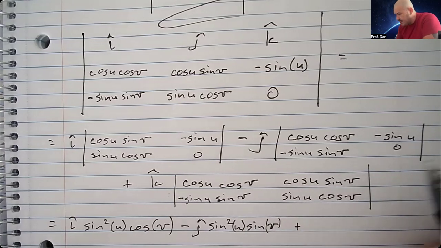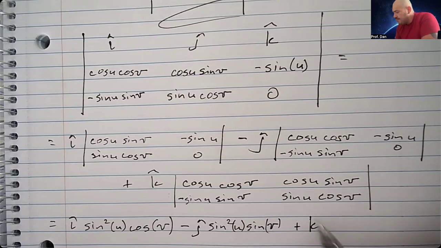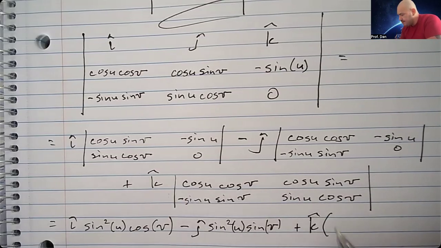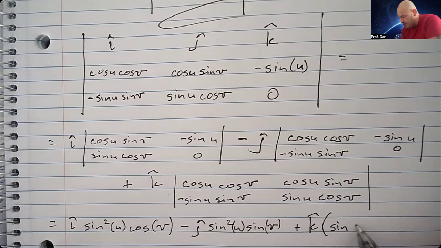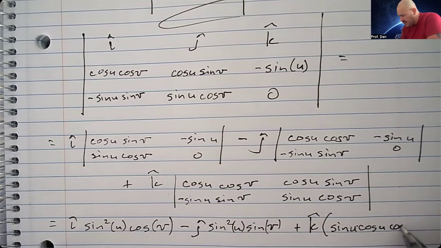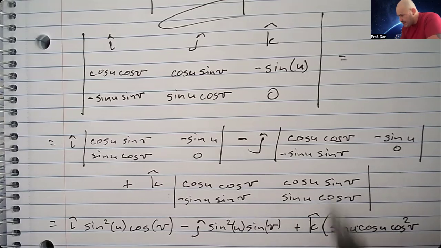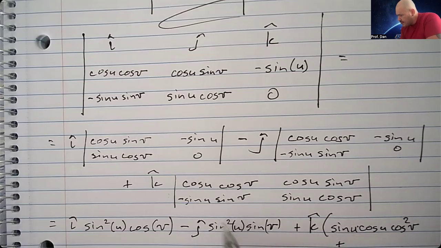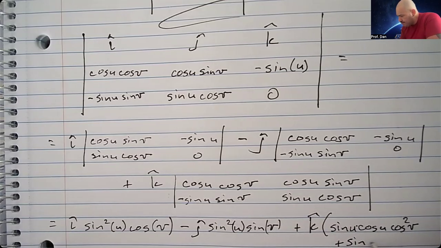And then for k, we'll have sine u cosine u times cosine squared v, minus a negative, so that'll be plus sine u cosine u times sine squared v.